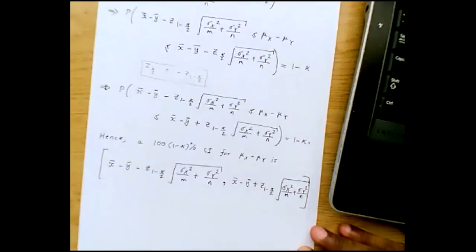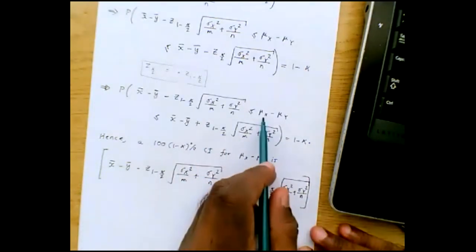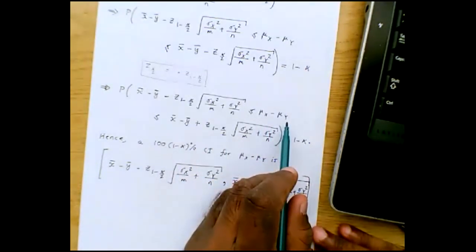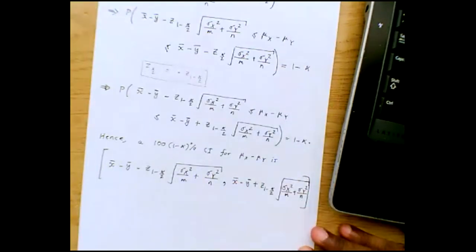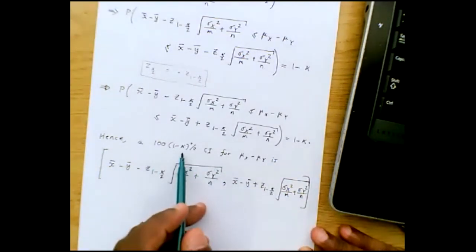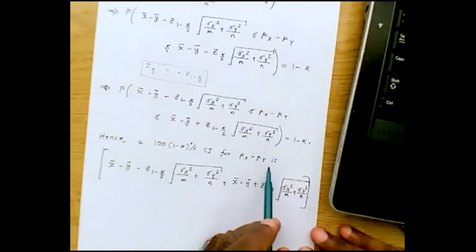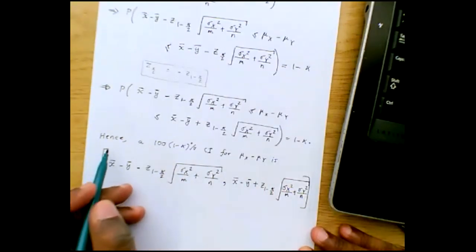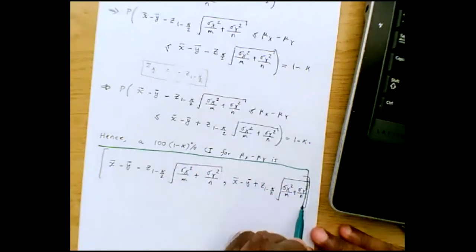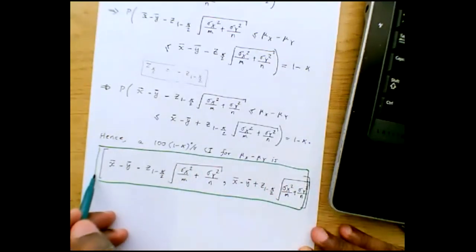Hence the 100 times 1 minus alpha confidence interval for the difference in population means is given by this formula.